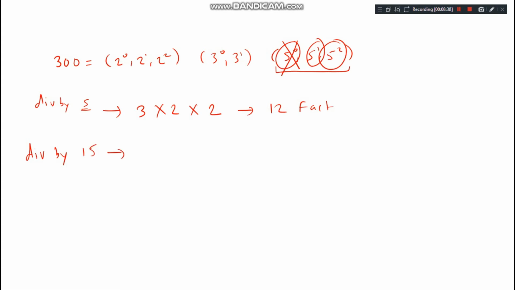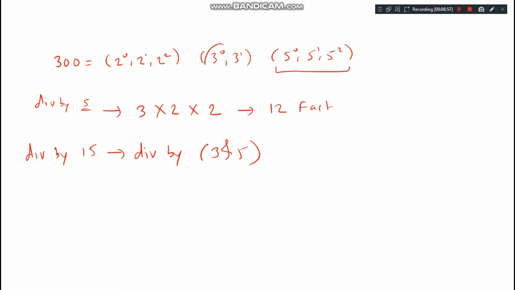Now when we were discussing divisible by 15, if you remember, the number 15 is a combination of both 3 and 5, right? So can I say divisible by 15 means divisible by 3 and 5? So I need to focus on two brackets now. Check.